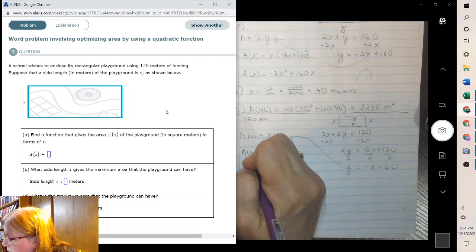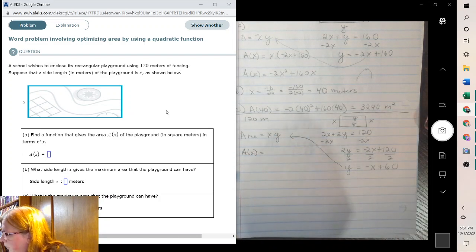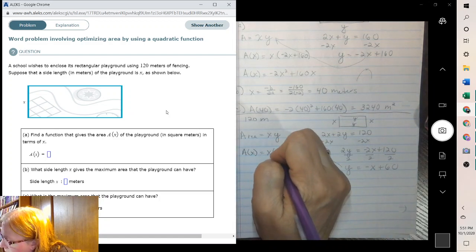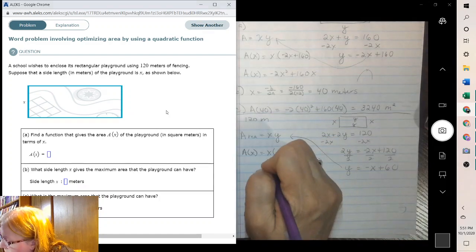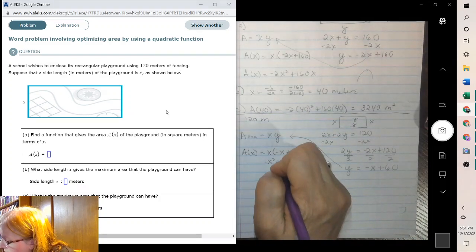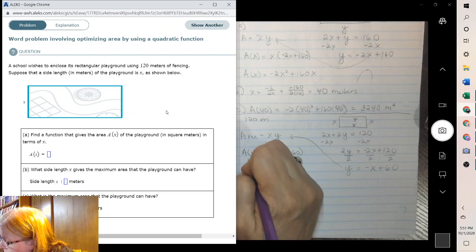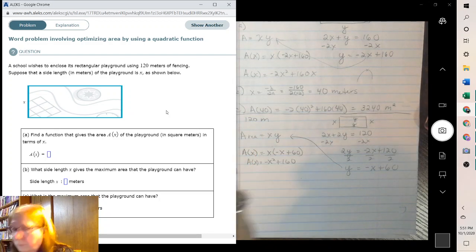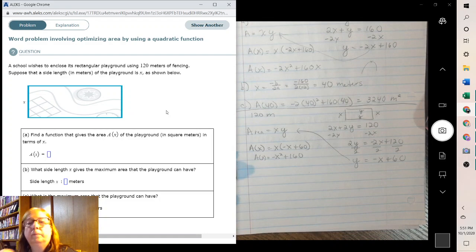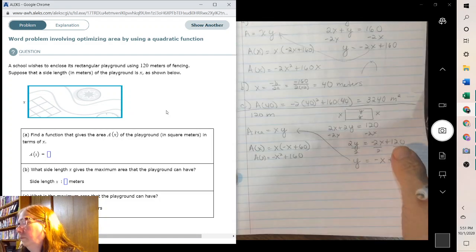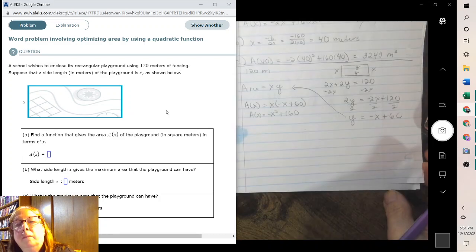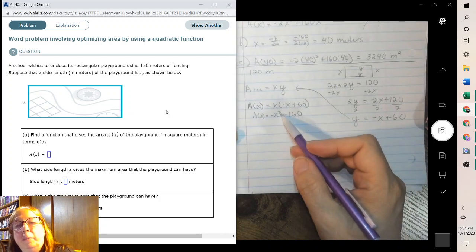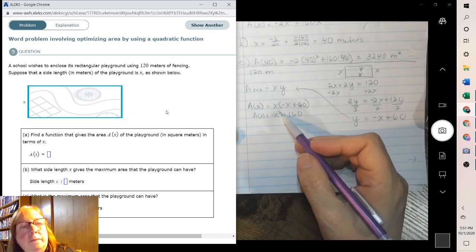Now we have it in terms of just x. So that's part A. Part B wants us to find the maximum area of the playground.